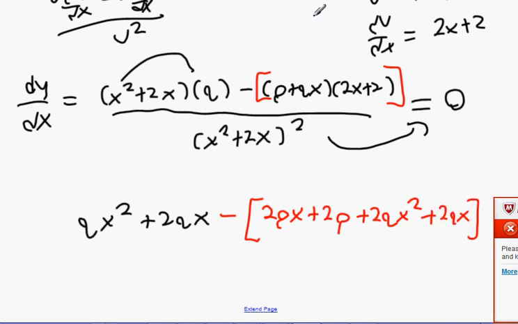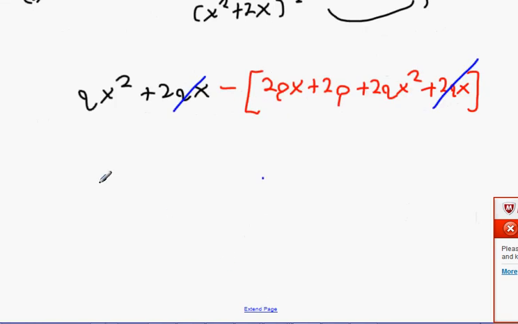Now, let's have a look at what happens here. Well, anything cancels for a start. That will cancel with that. What did I cancel? Sorry, minus. Yeah, perfect. Okay, now look at this. What happens next is we're going to have qx squared minus 2qx squared.